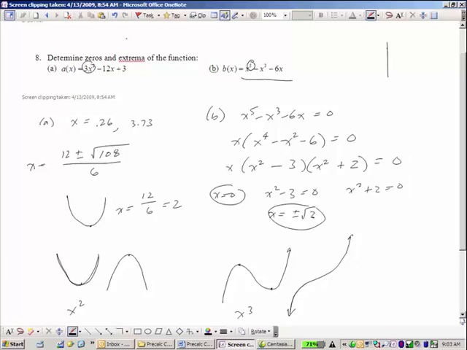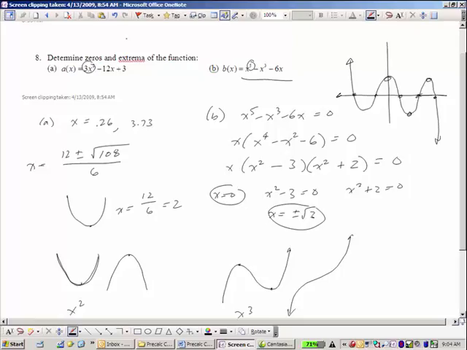So x to the fifth could look like that. It could have 1, 2, 3, 4, 5 zeros, and it could have 1, 2, 3, 4 mins or maxes.